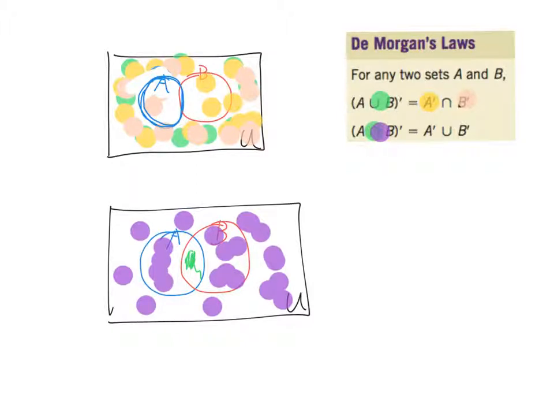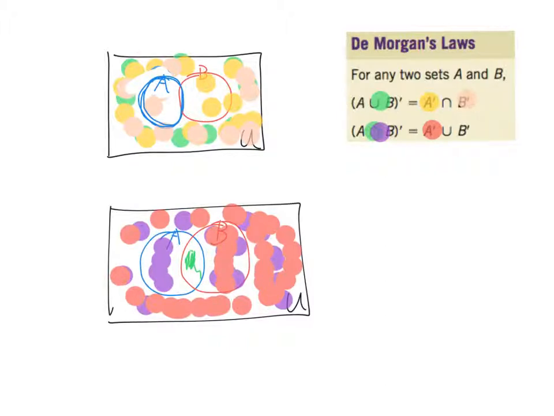So now let's look at A complement union B complement. I'm going to use red to represent A complement, which is everything that's not in A, including here. Plus B complement, because it's a union, I'm going to use the same color.